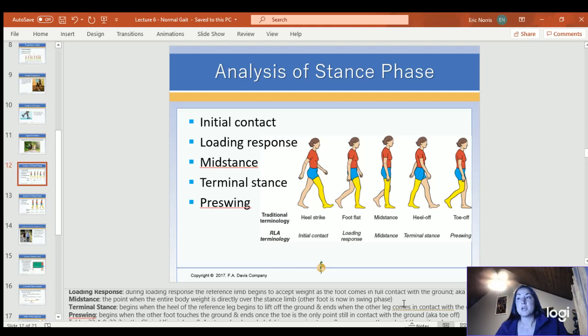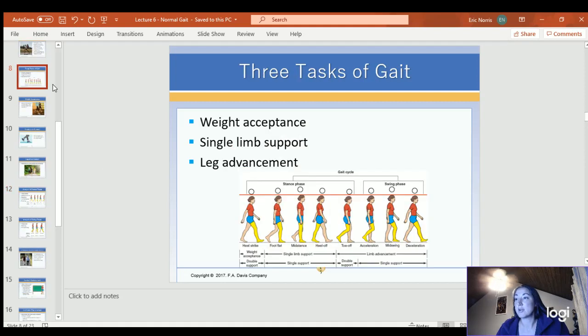Okay, so with heel strike, you're in double limb support. With foot flat, let me go to that picture actually. Okay, so with heel strike, you're in double limb support. Once foot flat occurs, the other limb is up off the ground. That's once toe off happens.